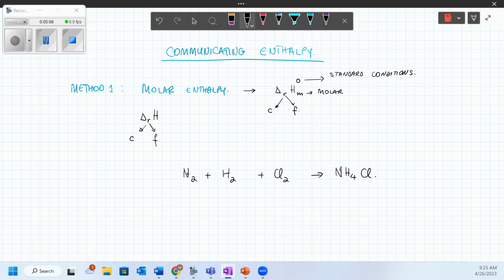So always you have to go to the elements that the compound is formed from, not, let's say, HCl and N2, but the basic elements that it is formed from.